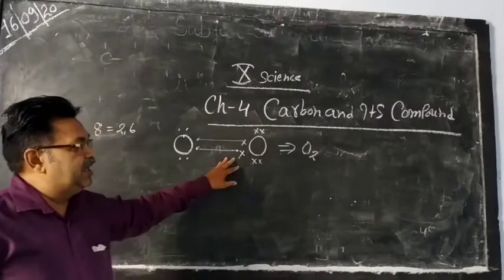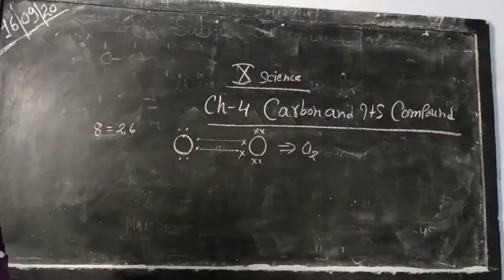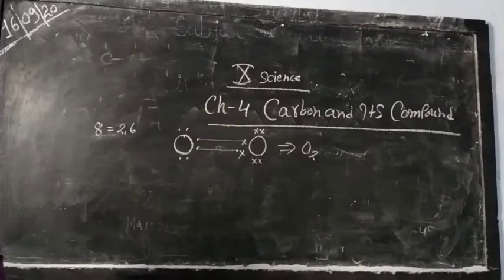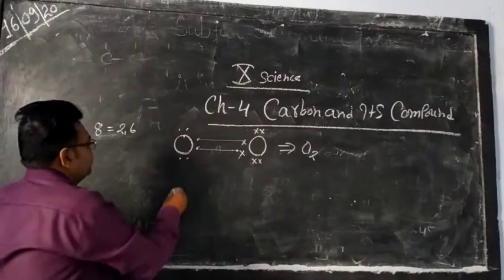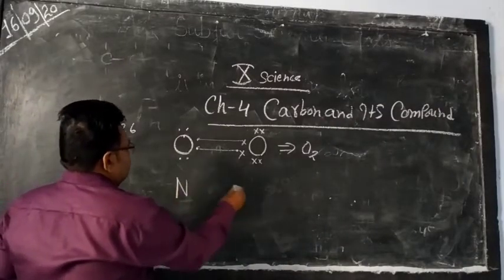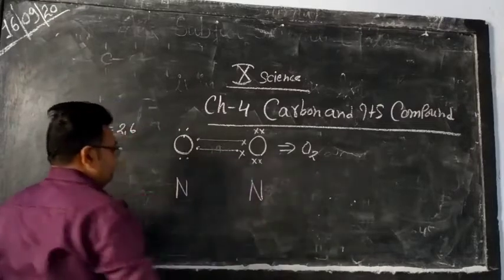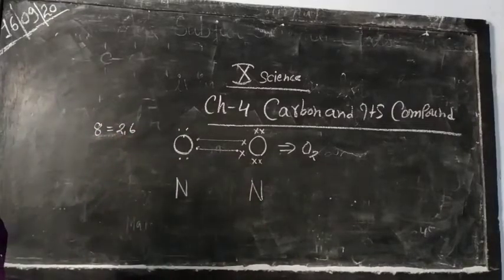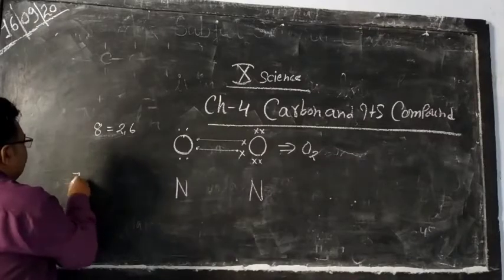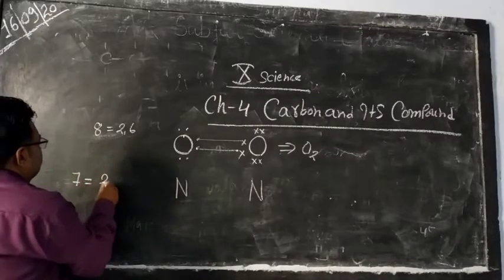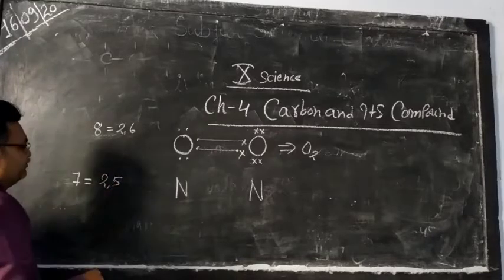In a similar manner, let's take the example of triple covalent bond. Nitrogen has atomic number 7. Its configuration is 2, 5.